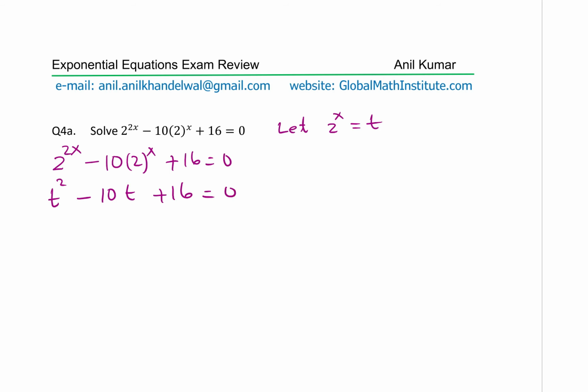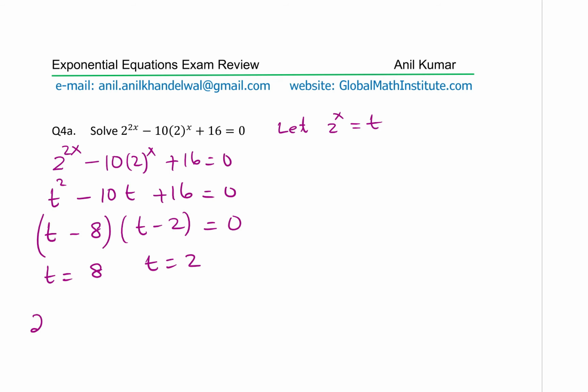Now this quadratic equation can be factored, product and sum. So we get 16 as 8 and 2. So we could write this as (t minus 8)(t minus 2) equal to 0. So that gives us two solutions. One is t equals to 8, the other one is t equals to 2.